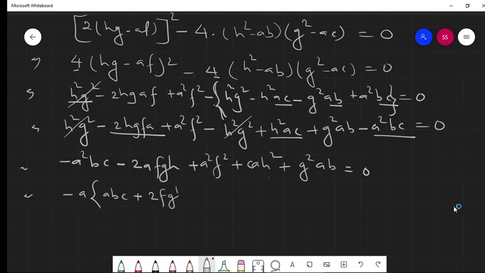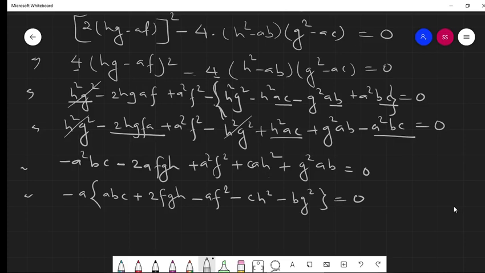It will be minus a f square because one a is common, and this is also minus a common, ch square, and here a common, minus bg square equal 0.